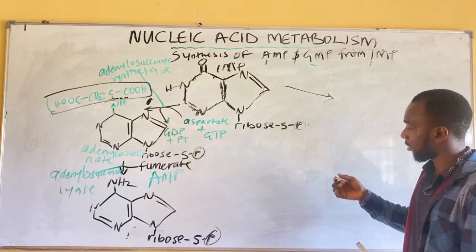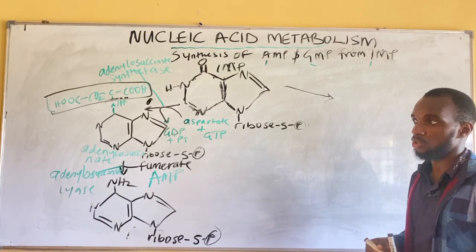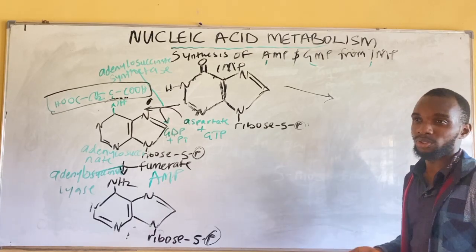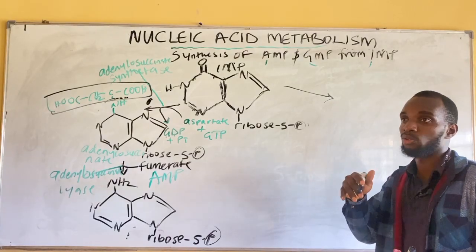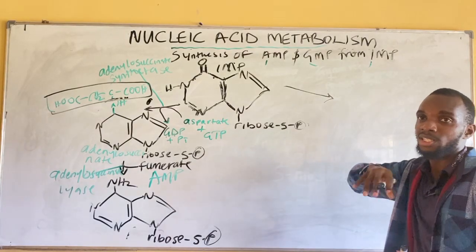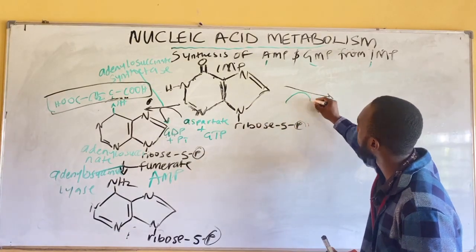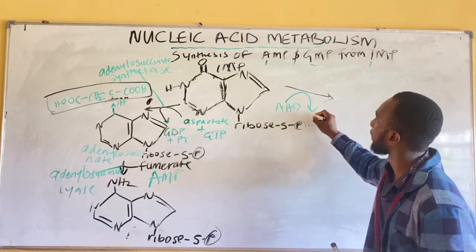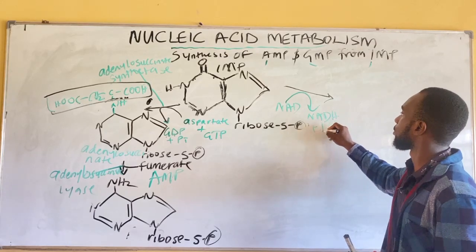Because it's a dehydrogenase, you should know that NAD, nicotinamide adenine dinucleotide, will be involved. It's the coenzyme that will come to remove the hydrogen. So NAD will come in, and NADH plus a hydrogen atom will leave.